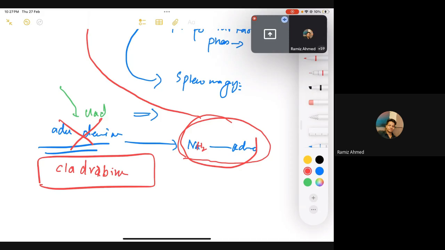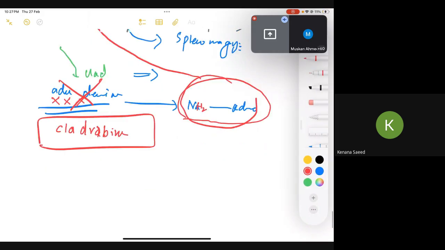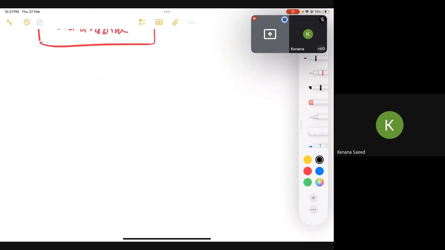Okay. If you guys remember, we discussed a pathology. What was that? Severe combined immunodeficiency. One of the causes of severe combined immunodeficiency was whenever this enzyme wasn't functioning, right? So we discussed the main goal of this enzyme, adenosine deaminase.